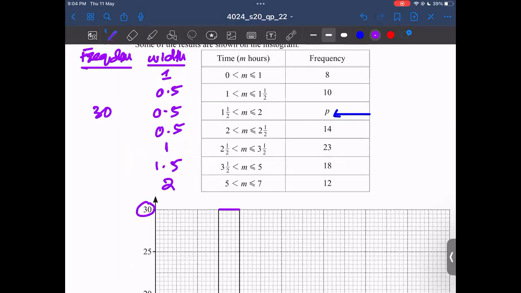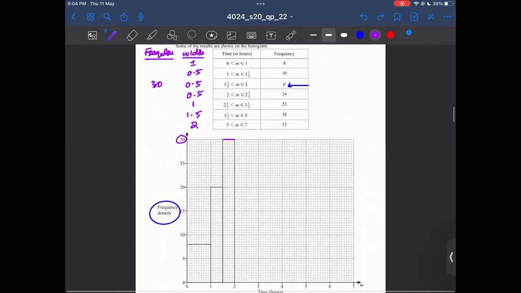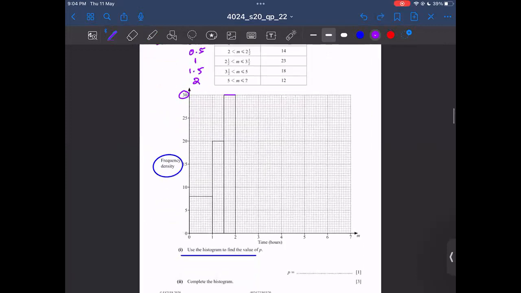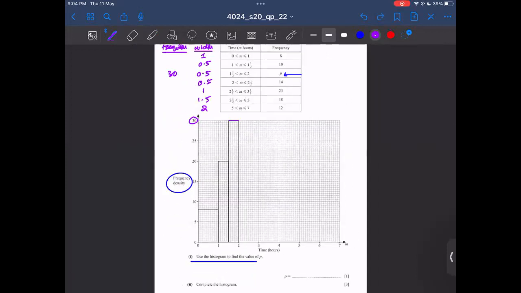Since I want to find the value of P, I know the frequency density and I know the width. So frequency is equal to width, 0.5, multiplied by frequency density, 30. So I'm going to have the answer 15.